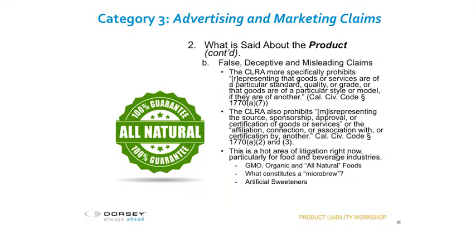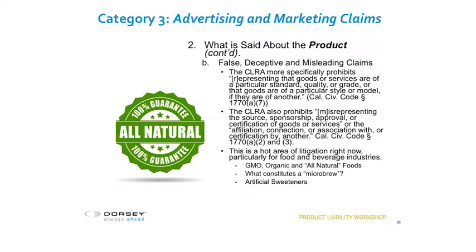Further, on what's said about the product, there are some specific prohibitions listed here, but if you're in the food space, there is a very significant spate of class actions in California right now that have to do with advertising some food as being all natural, organic, all the things that my wife emphasizes when she sends me to the store, and I say it's just another excuse to mark up the product.